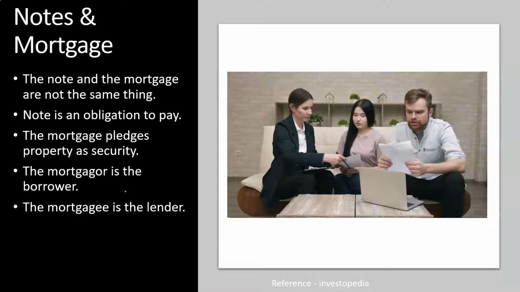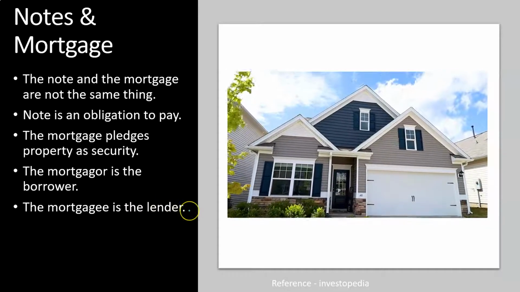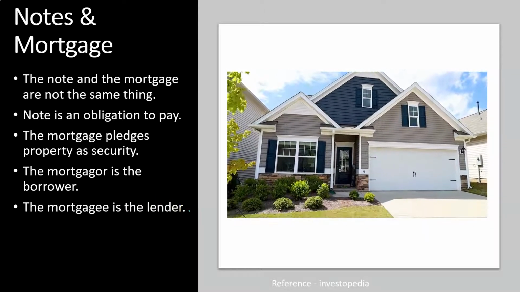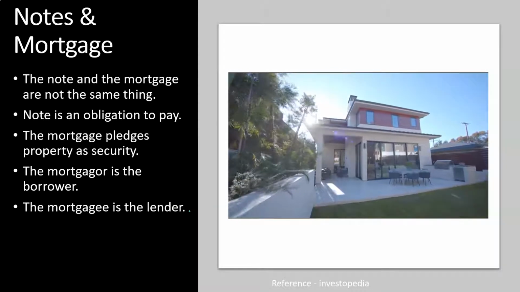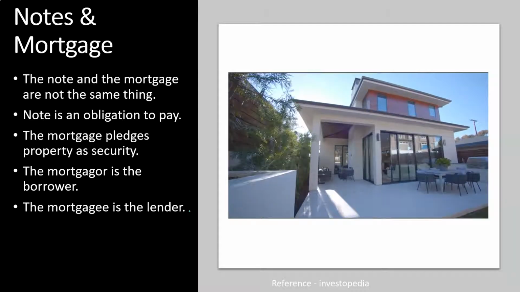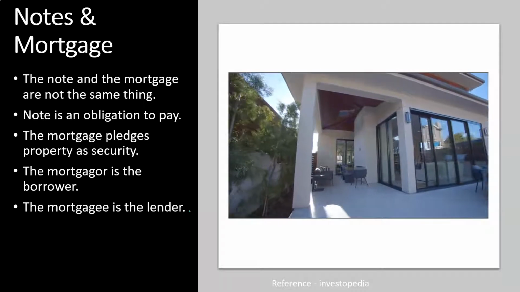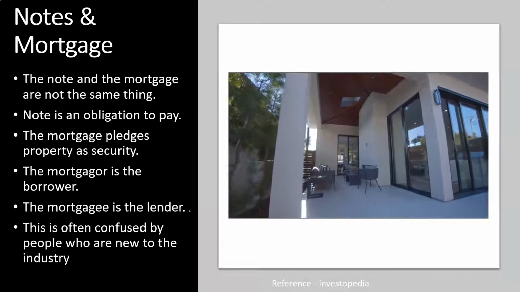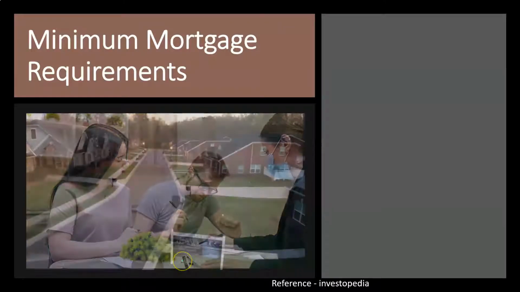So you are the mortgagor to the lender, who is then the mortgagee, the recipient of the mortgage. So it's a kind of reverse of what you might typically think, because when you think about the loan, the lender is the bank, and the lendee is the person taking out the loan. So this is often confused by people who are new to the industry.